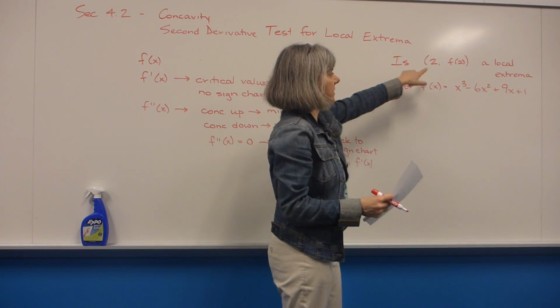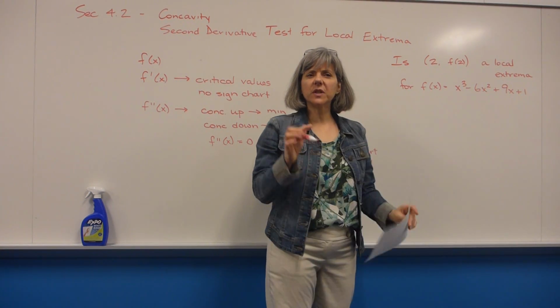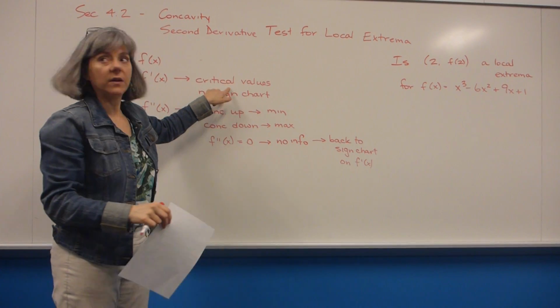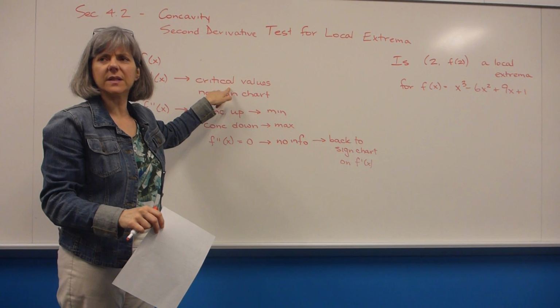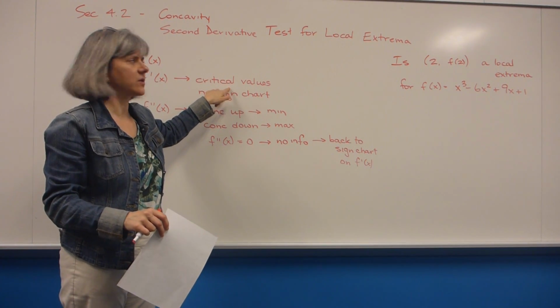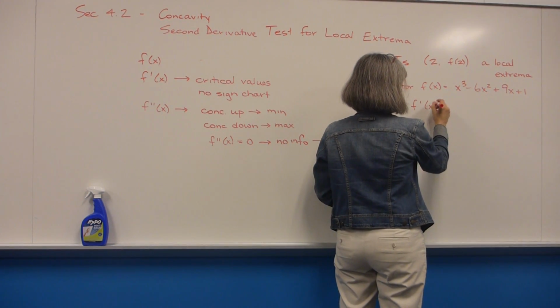Okay, so here's the question. Is this point a local extrema for this function? So what's the first thing we need to know? It's got to be a critical point in the first place. If it's not even a critical point, is it possible to have a max or min? No. So that's the first thing we have to establish. So the first thing we need to do is the first derivative.